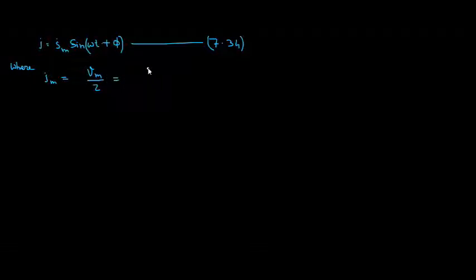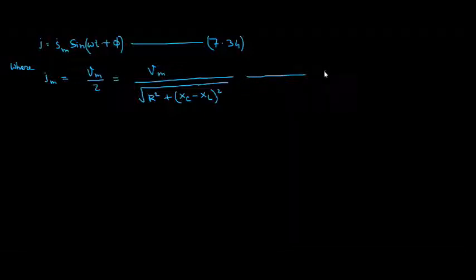Again we have told that Vm upon, putting the value of Z, that is under root R square plus bracket Xc minus XL bracket square, and this was called equation 7.34a.